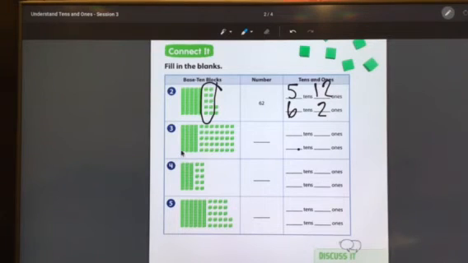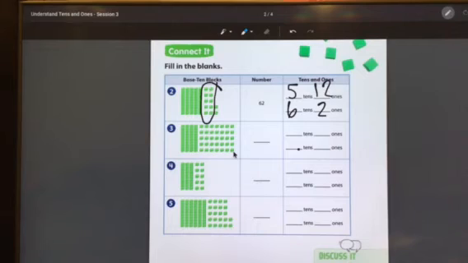So we have 10, 20, 30, 40, 41, 42, 43, 44, 45, 46, 47, 48, 49, 50, 51, 52, 53, 54, 55, 56, 57, 58, 59, 60, 61, 62, 63, 64, 65, 66, 67, 68, 69, 70, 71, 72, 73, 74, 75.